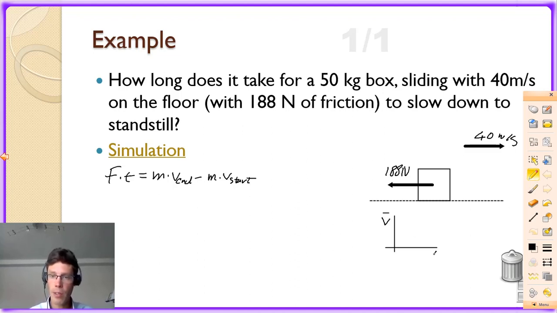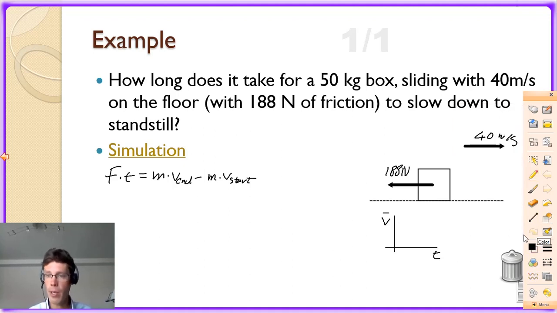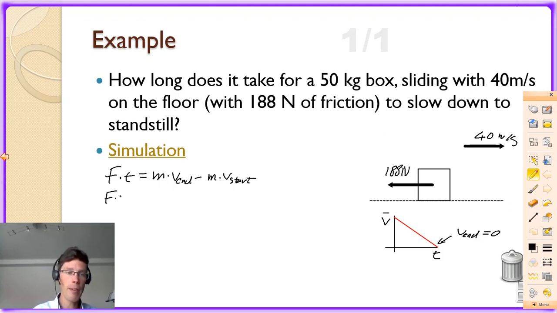So v against t, and it will be a line going down because it starts off with a high speed and then goes down to 0 speed. Which means that in this case v end will be 0 meters per second. And that means that our formula becomes simpler. F times t will equal minus m times v start.